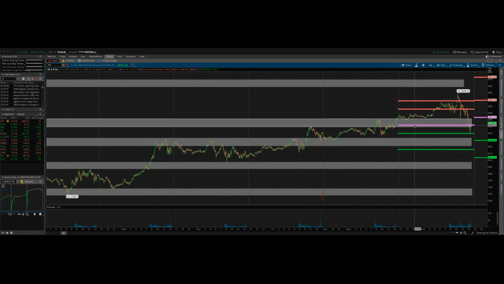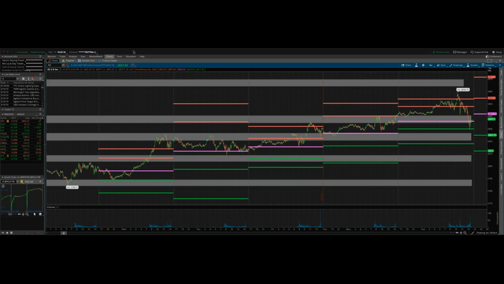So the purple line is the daily pivot. The red lines are the resistances, so R1, R2. The green lines are the supports, S1, S2. Generally, in an uptrend, the easiest thing to do would be to just buy when we test the daily pivot, provided that it is early enough in the day.